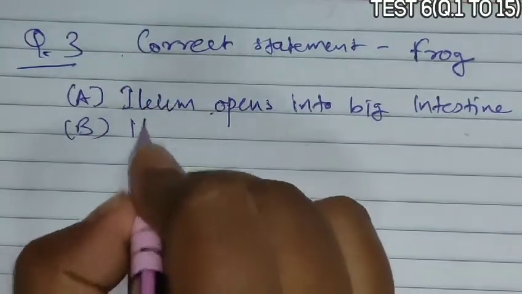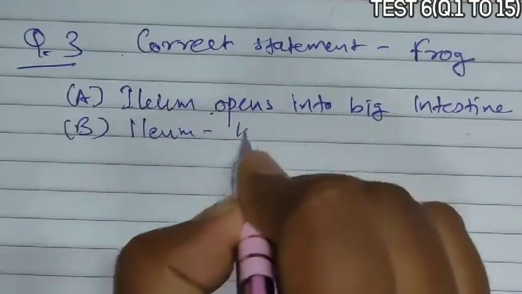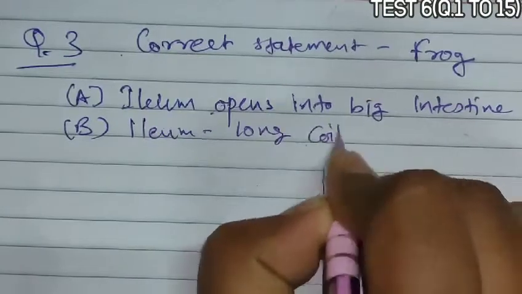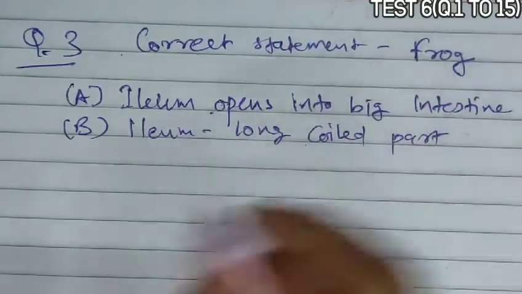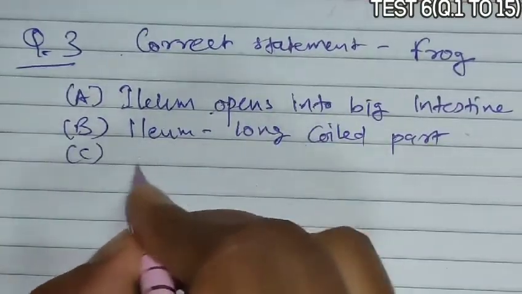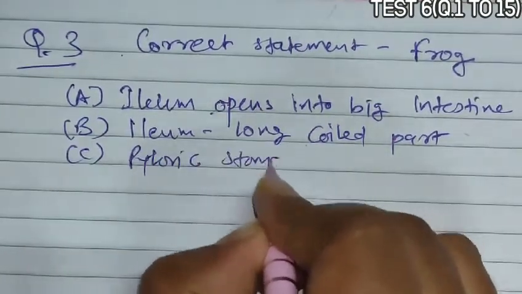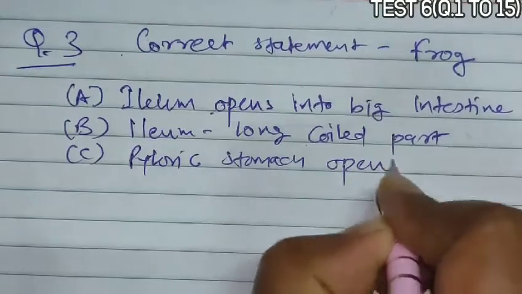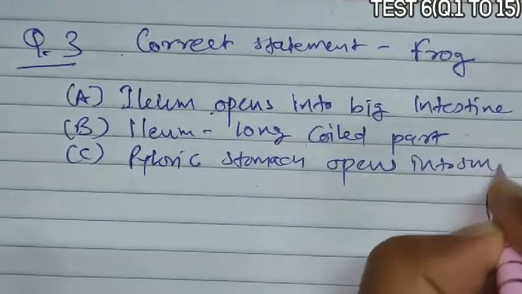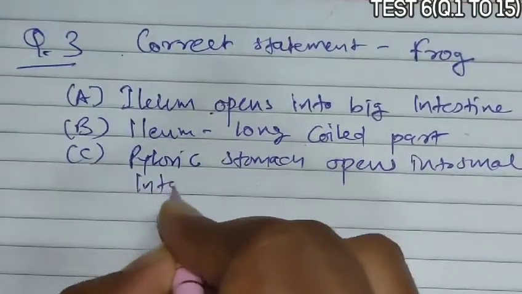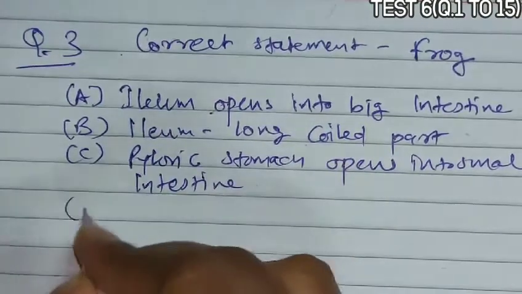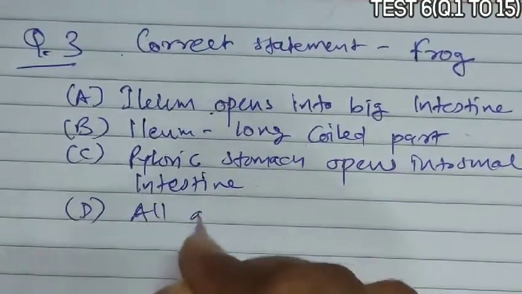Option B, ileum is a long coiled part of digestive duct, and option C is given as pyloric stomach opens into small intestine. Now option D is given as all of the above.